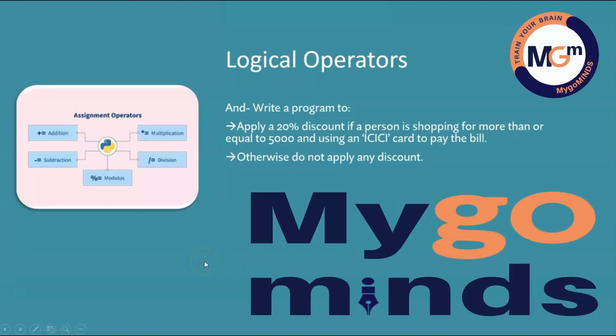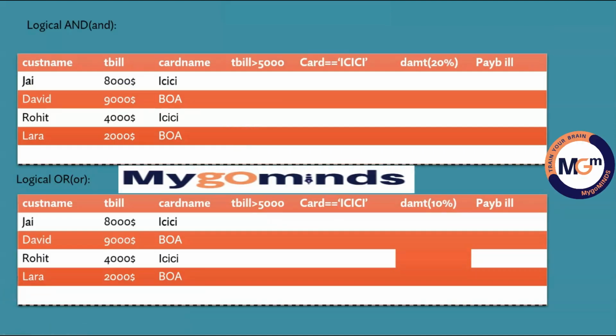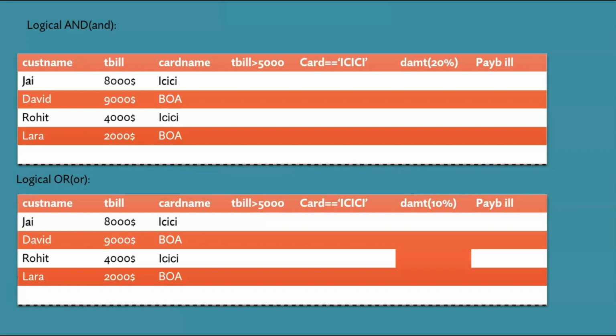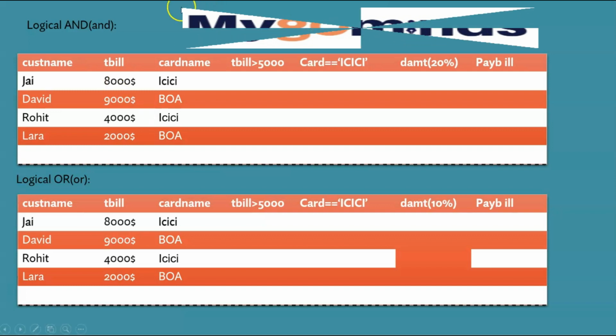So let us check how. Here the customer named Jay has shopped for 8,000, and now he has finished his shopping and has come for the payment, and he is using ICICI Bank. So our condition is what?